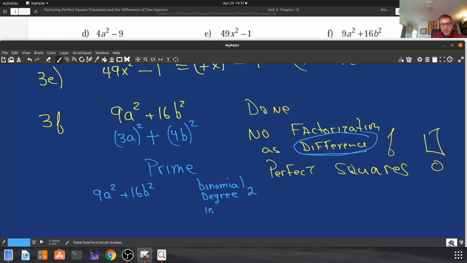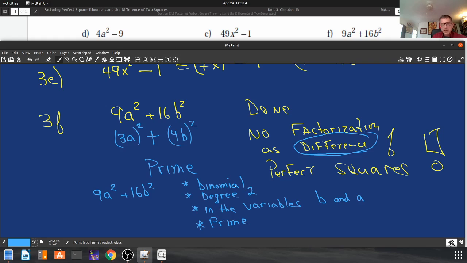It's in the variables b and a. And what else do I know about it? It is prime. So I think of all of these, they're all important to know.